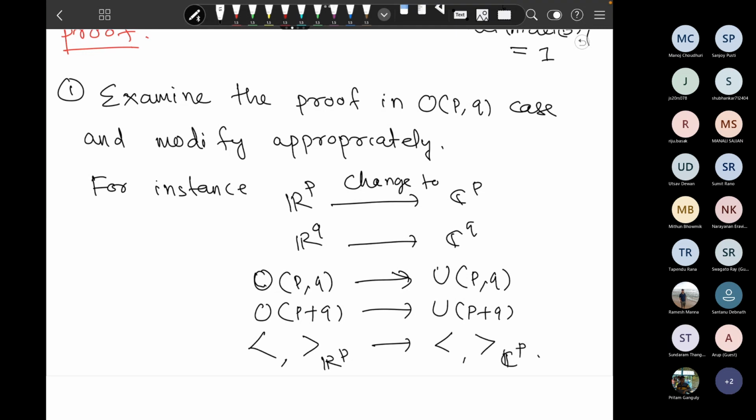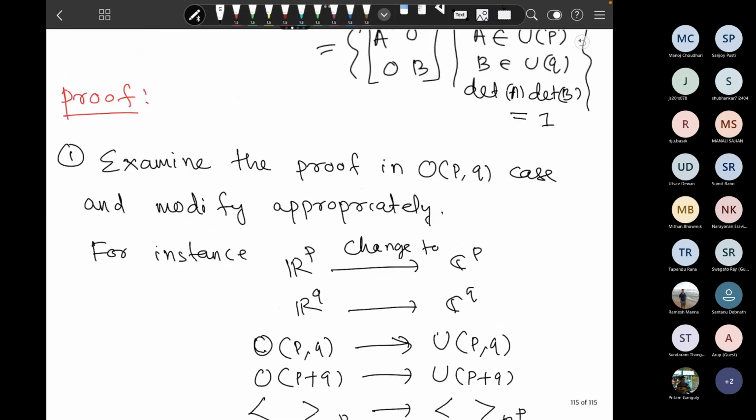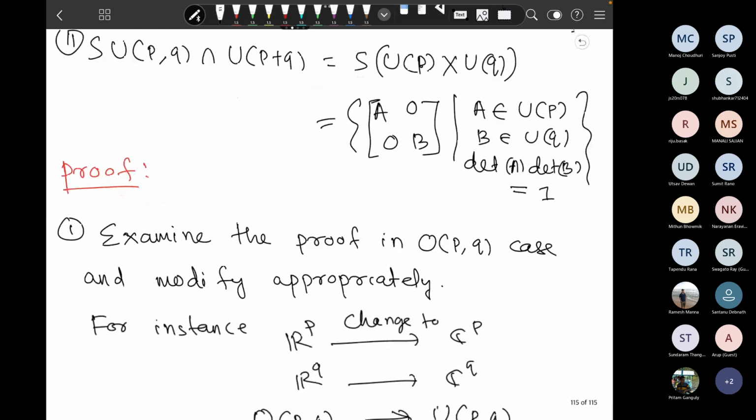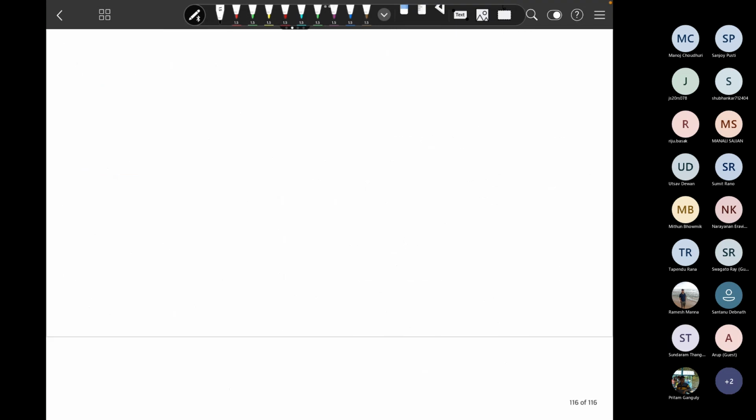I have actually done that thing, and you can do that. The second thing is also similar to the SO(P,Q) case.